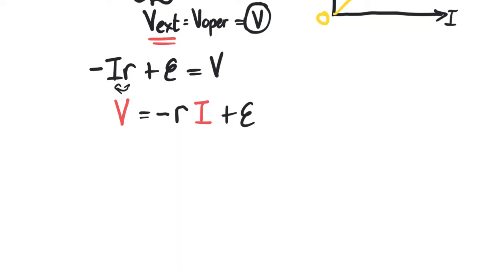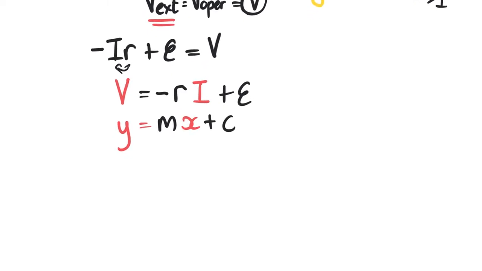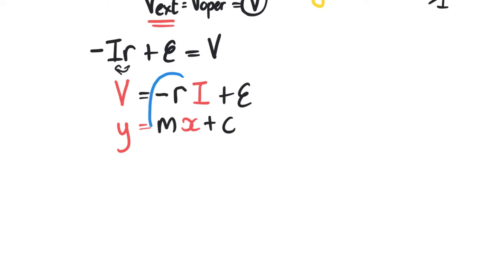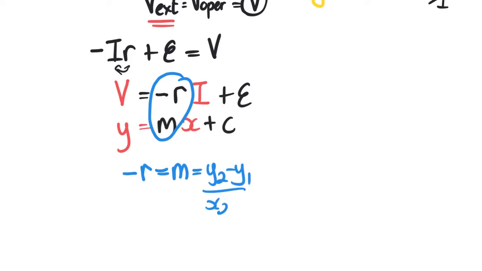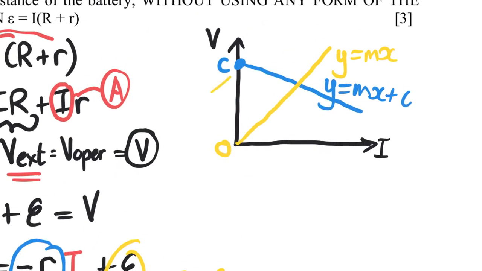Now, if I write it in this form, y equals mx plus c, then from this we should be able to see that the negative of the internal resistance equals the gradient of the line, which would be y2 minus y1 over x2 minus x1, and that the y-intercept will be the EMF, which should make sense because the y-intercept is sitting on the voltage axis and the EMF is a voltage.